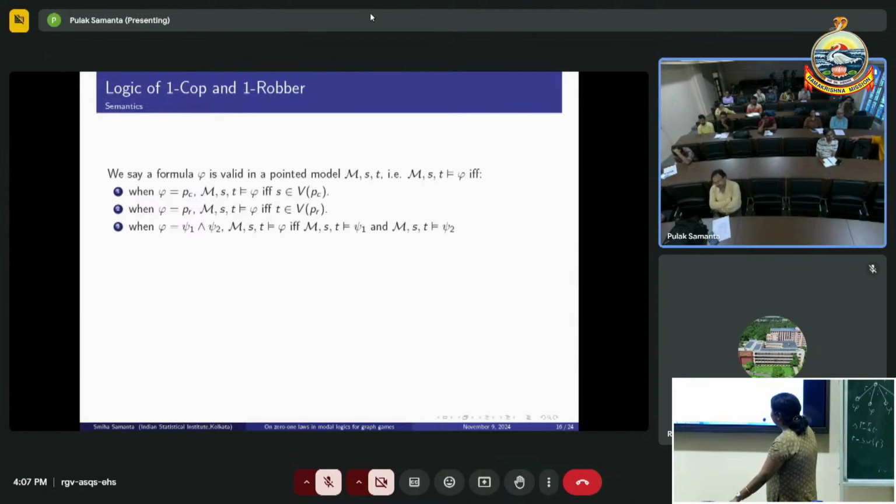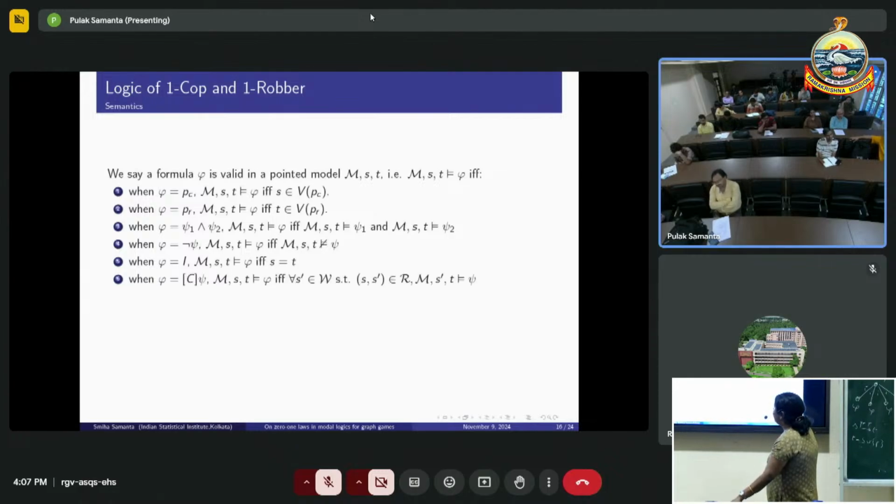And the usual conjunction and negation are there. M, s, t will satisfy I when s equals t. And M, s, t will satisfy box psi when there is a world s prime which is accessible from s, and in M, s prime, t it satisfies psi.